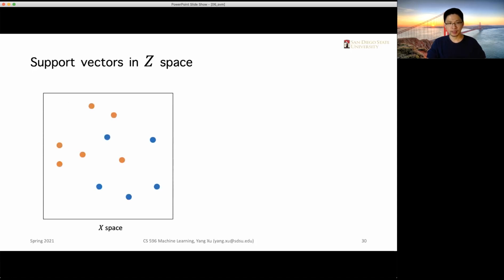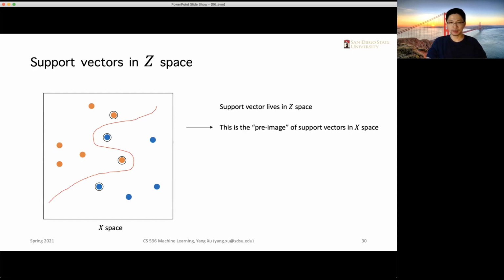For example, the x space is like this. It seems very messy and not separable. If we draw a nonlinear decision boundary, it's probably going to be this. The support vectors actually live in z space, and this decision boundary is just a pre-image, a conversion of the boundary in z space back to x space.